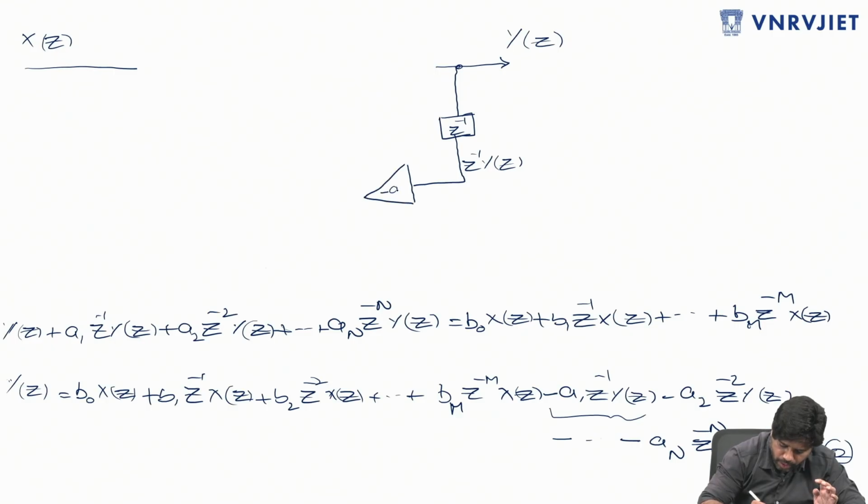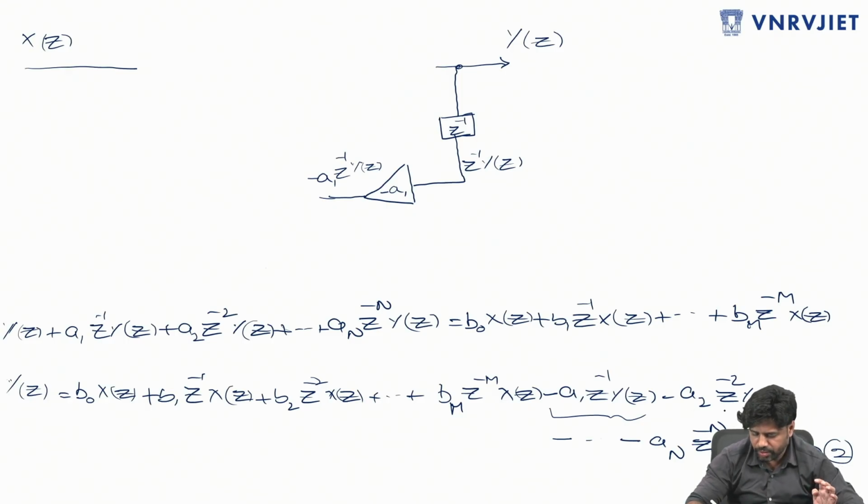So minus a1 should be represented like this, and now here the output signal is minus a1 z power minus 1 y of z. And next, what is the second term? Minus a2 z power minus 2 y of z.